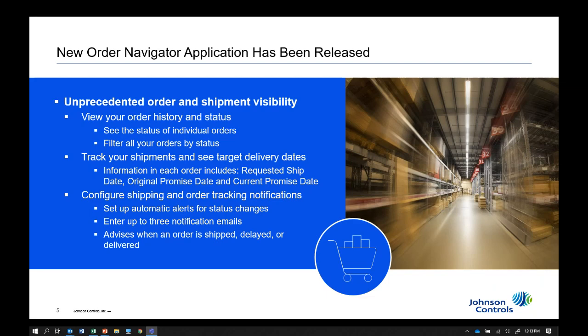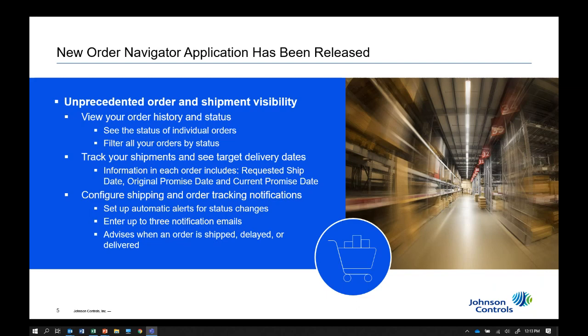As you can see from the slide on the screen, here are some of the features. You can see the status of individual orders. You can filter your orders by status, so you can look at ones that have been completed, the ones that are in partial shipment status, and the ones that are in progress.